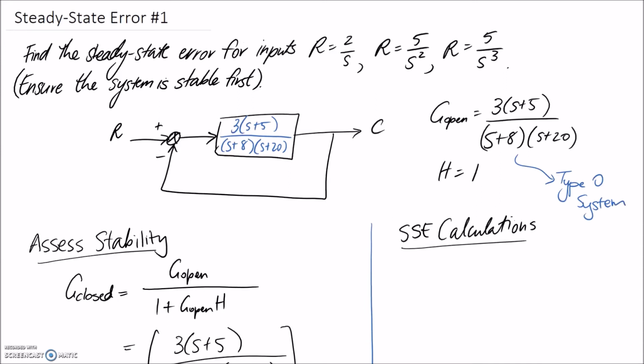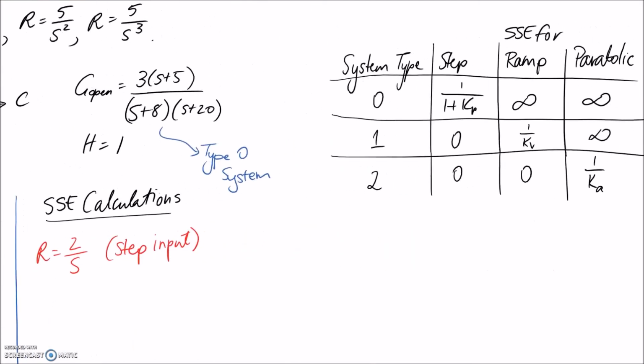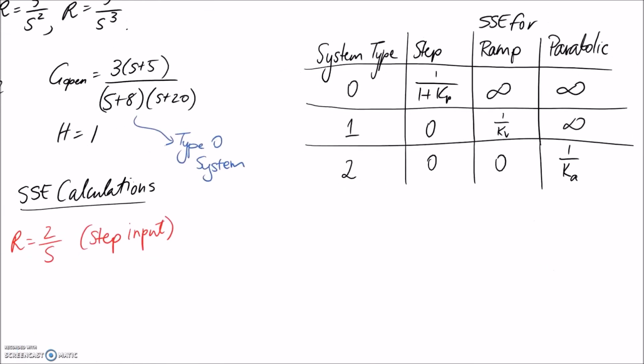So now let's look at the first case, which is when R is equal to 2 on S. So this is a step input. Okay, so we can go ahead and look up what our error constant should be for a step input and a type 0 system. So this here is the table for that.